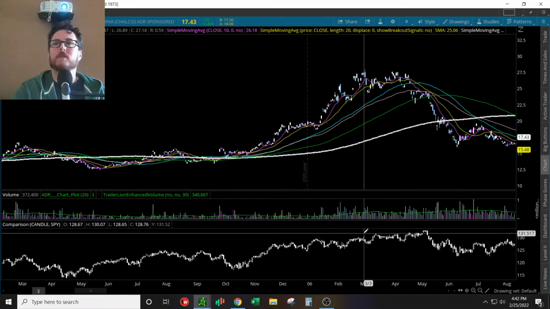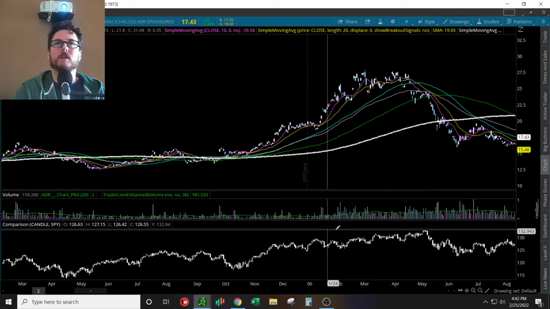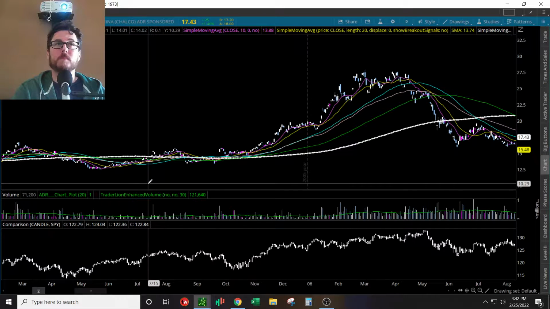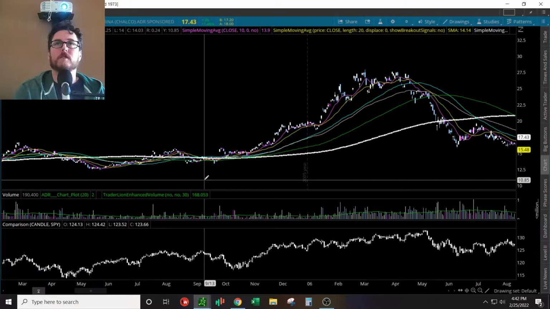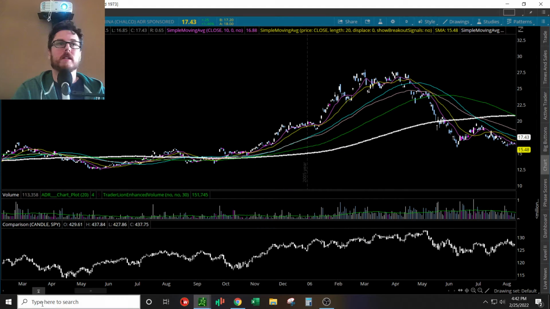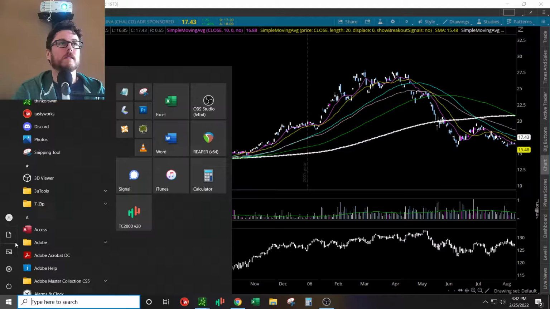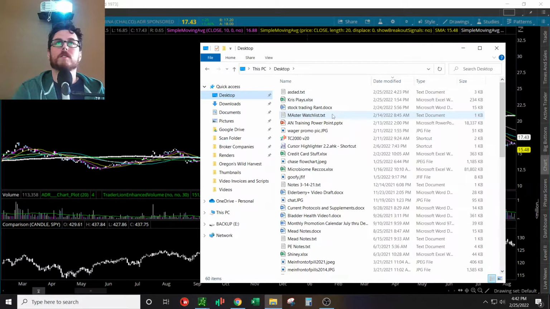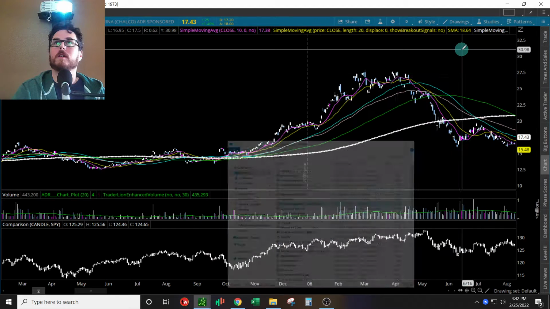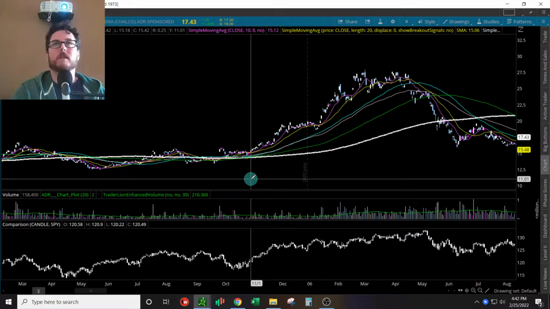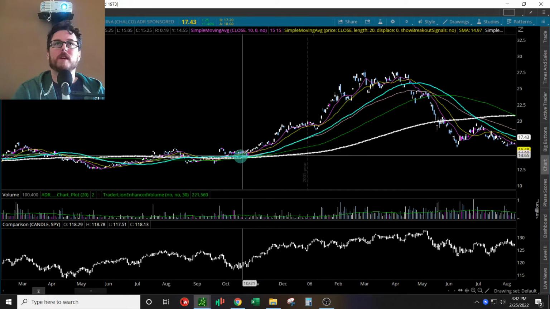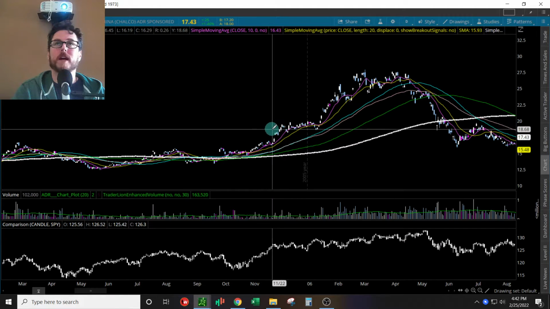So let's get into the chart here. This is what we're working with. 2006 started here, and we are in August of 2006. Looking at this chart, first thing I see is it's very jumpy, like most international stocks.